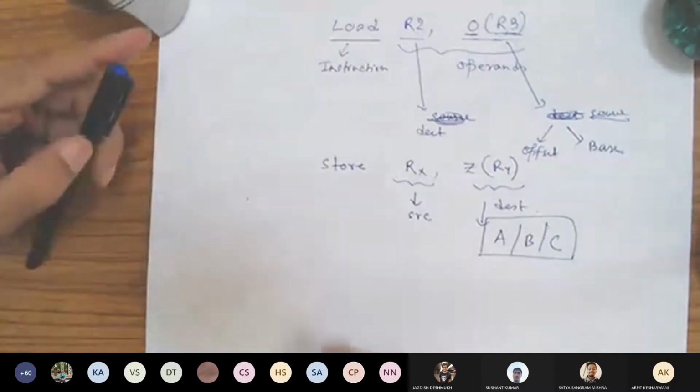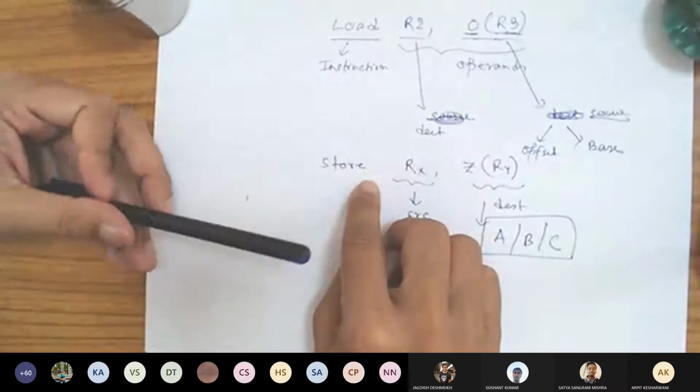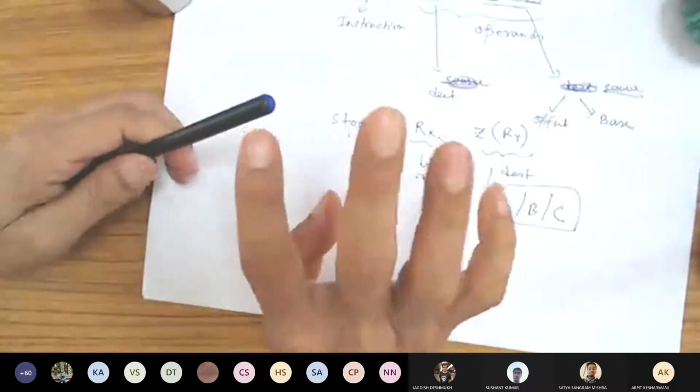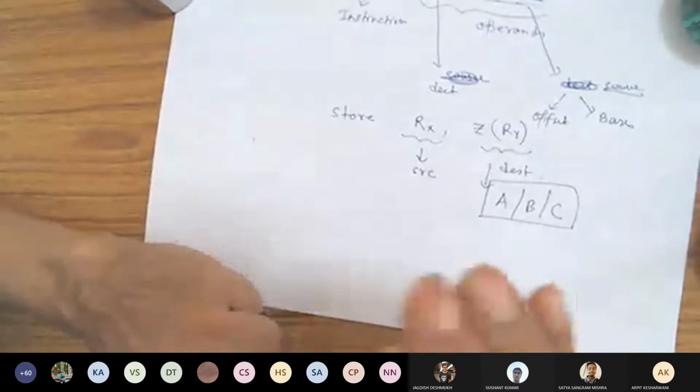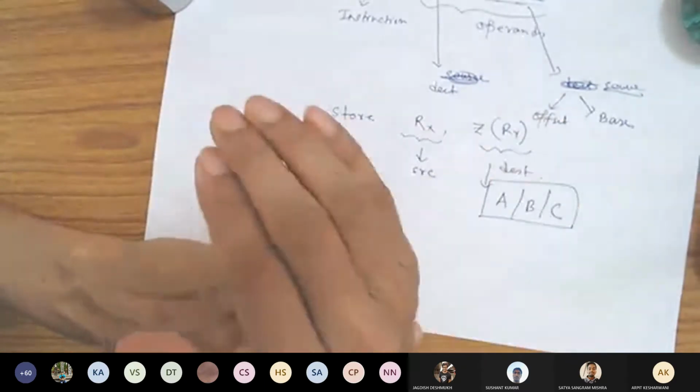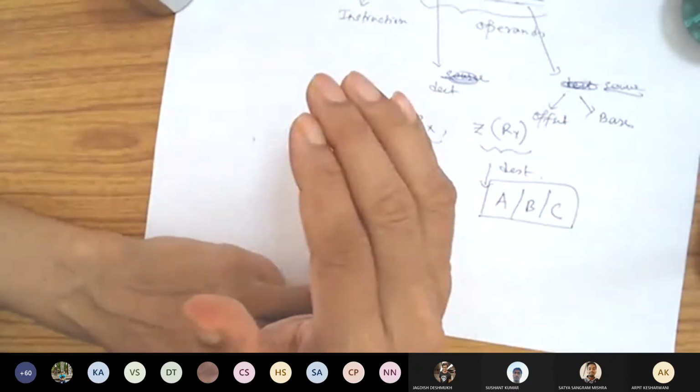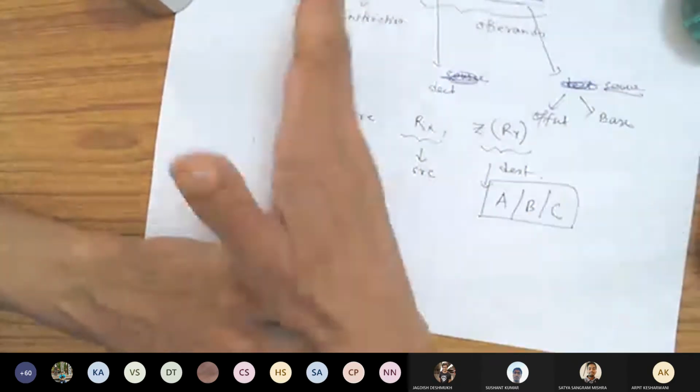If we understand load, it is very easy to understand store. So these two are the primary instructions to exchange values, to transport values from memory to the processor and from the processor to memory.